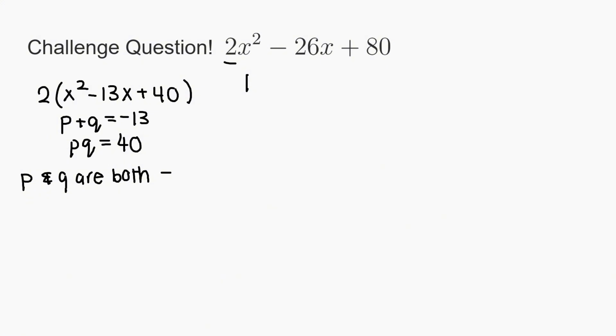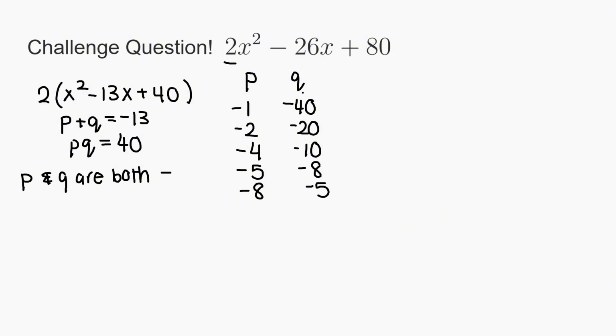So we can look at the negative factors only. So we have negative 1, negative 40, negative 2, negative 20, negative 4, negative 10, negative 5, and negative 8. After this, we get negative 8 and negative 5, and as you can see, things will start to duplicate, just flip-flop. So we can end with these 4 factors here.